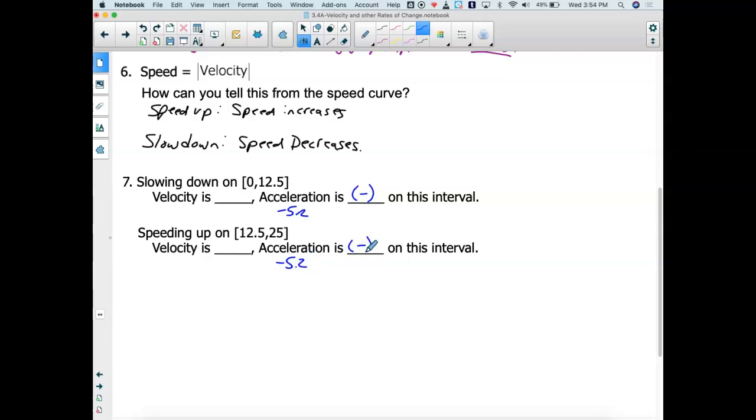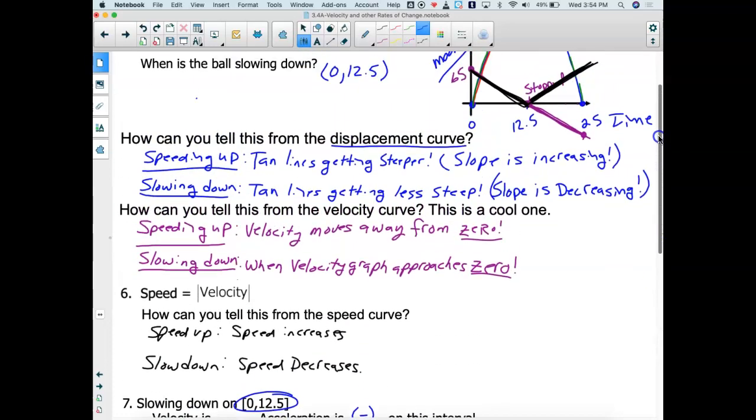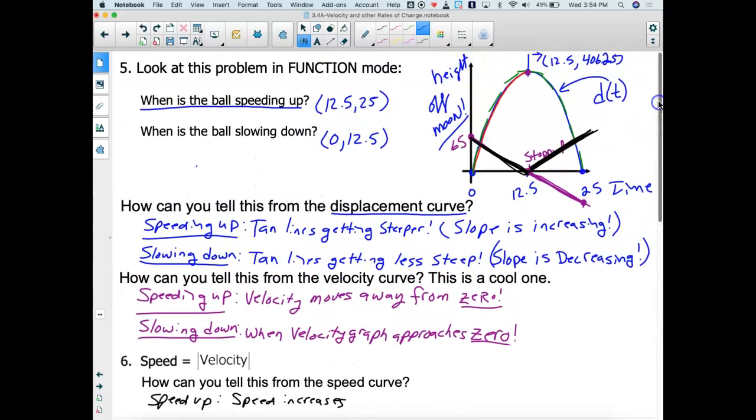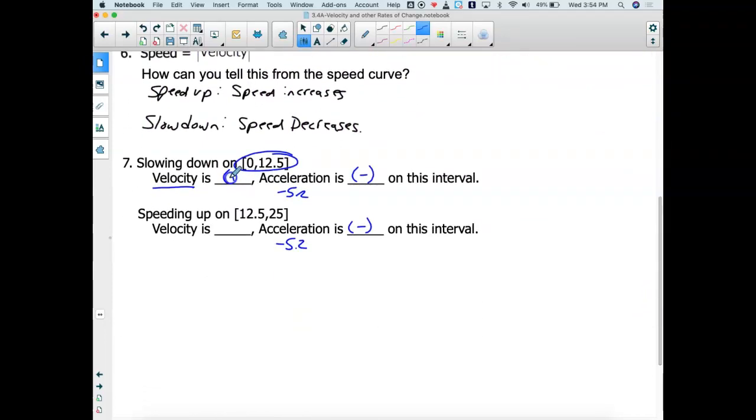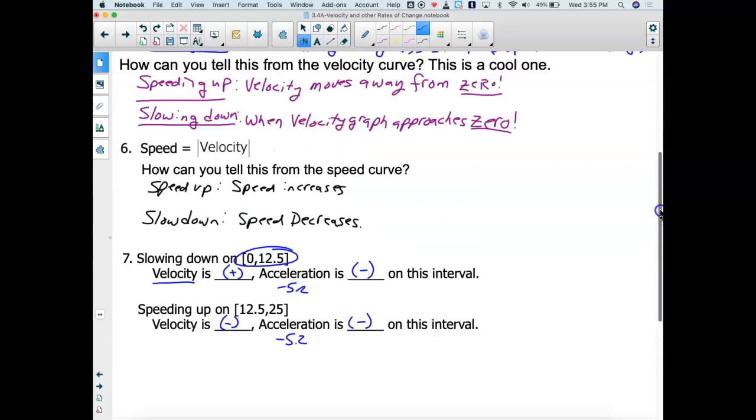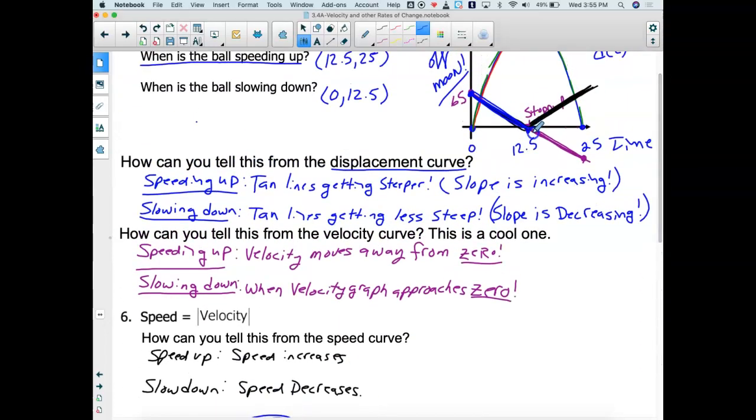What was my velocity on 0 to 12.5? What was my velocity up here? My velocity function was positive, wasn't it? And from 12.5 to 25, my velocity function was negative, wasn't it? Because I can see that right here. Here's my velocity, purple. Now my velocity is negative.